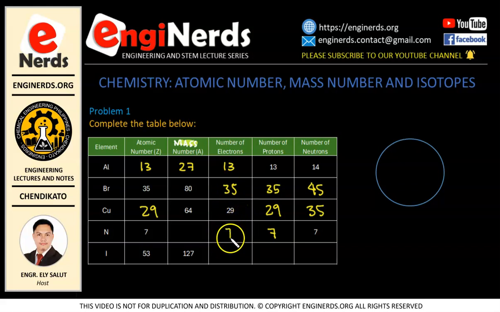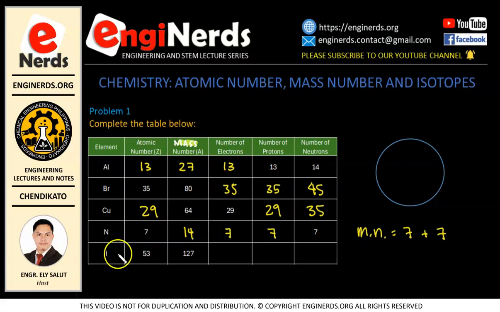So that means we also have here 7. Okay, now it is given that the number of neutrons is equal to 7, right? So we know that the mass number is equal to the number of protons plus the number of neutrons. So the mass number is equal to the number of protons, which is 7, plus the number of neutrons, which is also 7. So the mass number here is equal to 14.